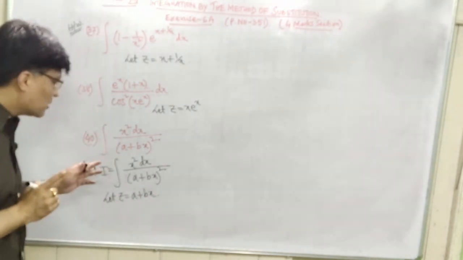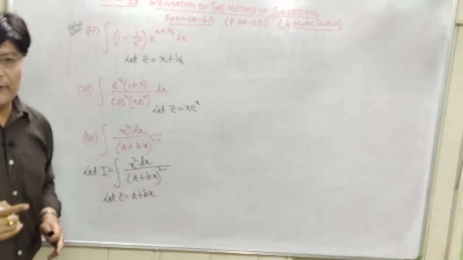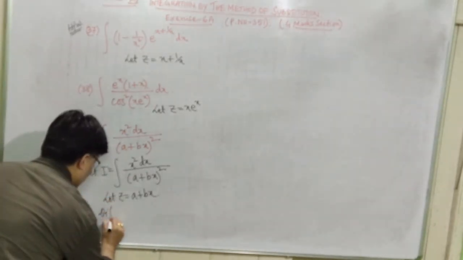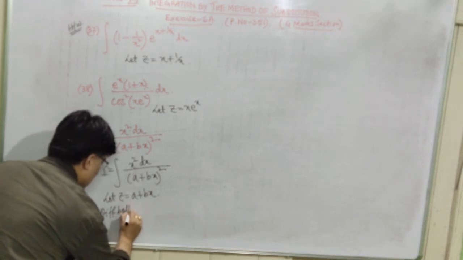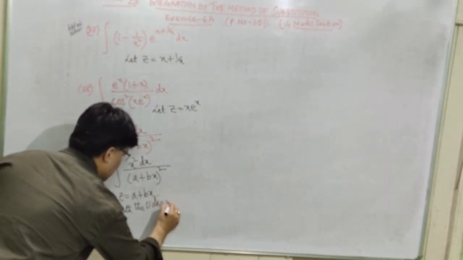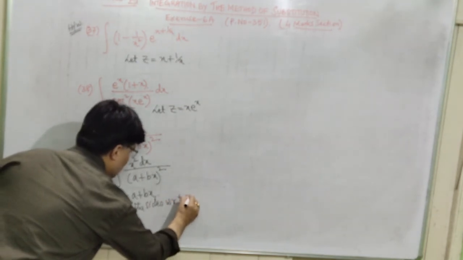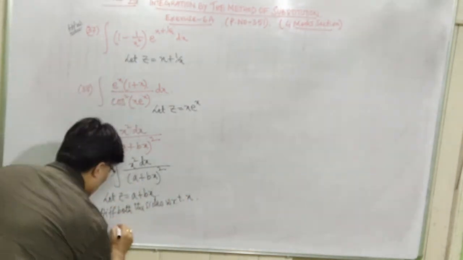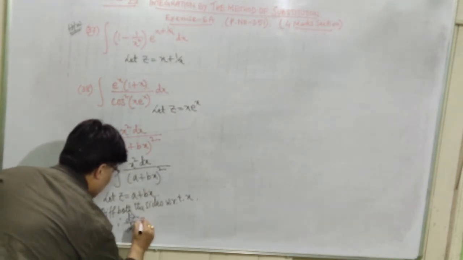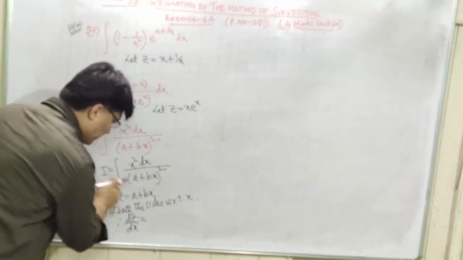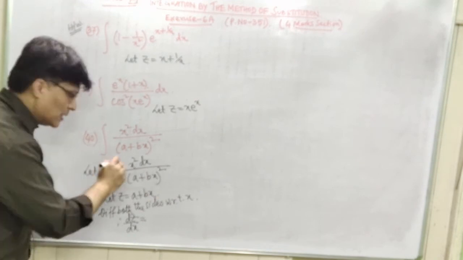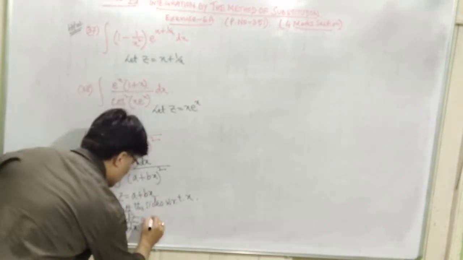While doing the method of substitution, you have to differentiate it with respect to x. So differentiating both the sides with respect to x, what is dz by dx in this case? dz by dx is equal to the differentiation of a with respect to x, which is 0 because it is constant. And what is the differentiation of bx with respect to x?